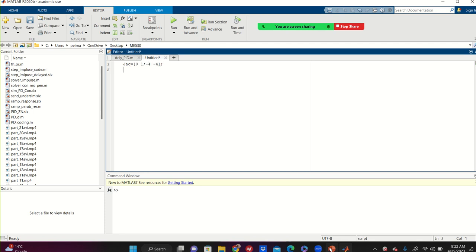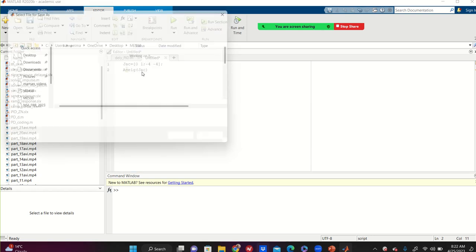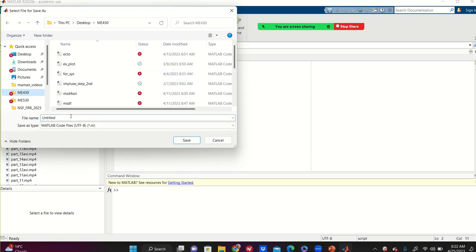First of all, I'm going to say A is eigenvalue. This is going to calculate the eigenvalues of a given matrix. This is the command in MATLAB. Let me save it as an example.